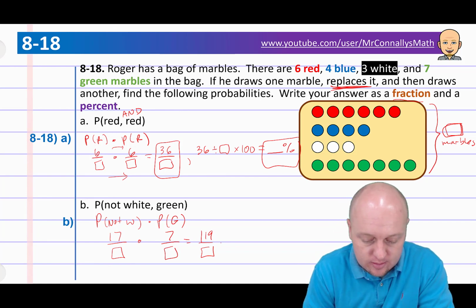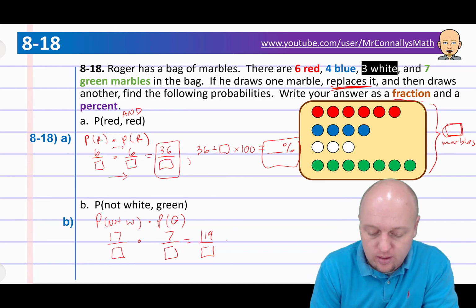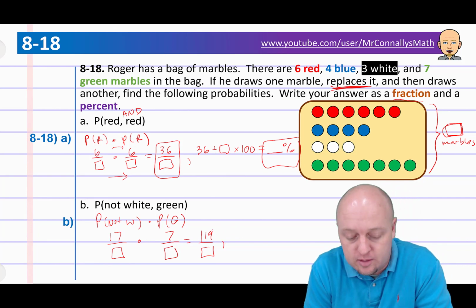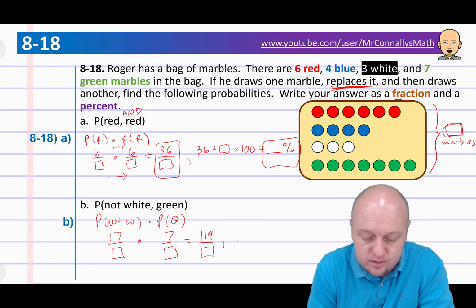Okay. And then you can simplify that if you want. To turn it into a percent, you just take 119, divide it by the denominator, multiply it by 100, and that'll give you your percent.